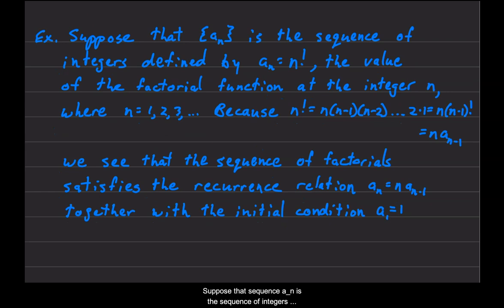Suppose that sequence an is the sequence of integers defined by an is equal to n factorial. The value of the factorial function at the integer n, where n is equal to 1, 2, 3, and so on.